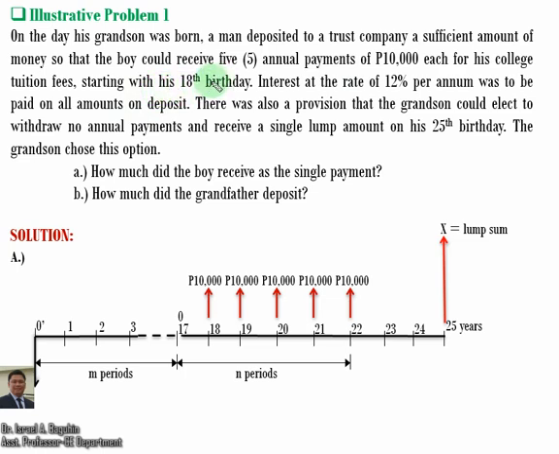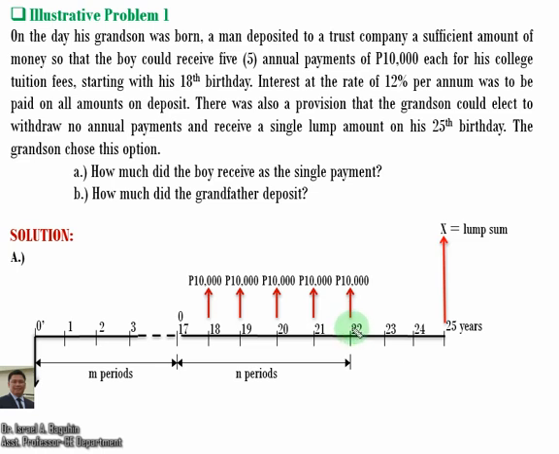So from zero prime until the 17th year, we have no annual payments here. This just started on the 18th birthday of the grandson, and these five annual payments refer to the five 10,000 pesos each year from the 18th, 19th, 20th, 21st, and 22nd year.